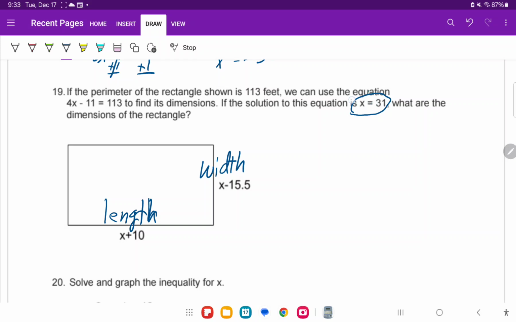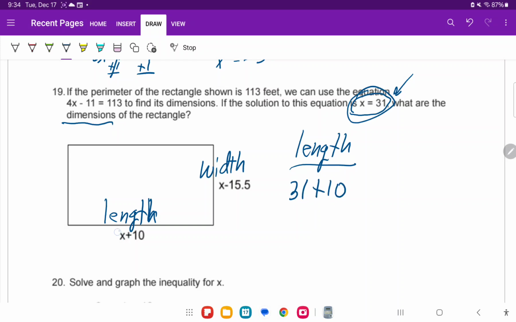So since we know that x is 31, we can just substitute that in to get our answers. What are the dimensions? So the length would be 31 plus 10, because we're just going to substitute that in there for x. So that is 41 on the length.